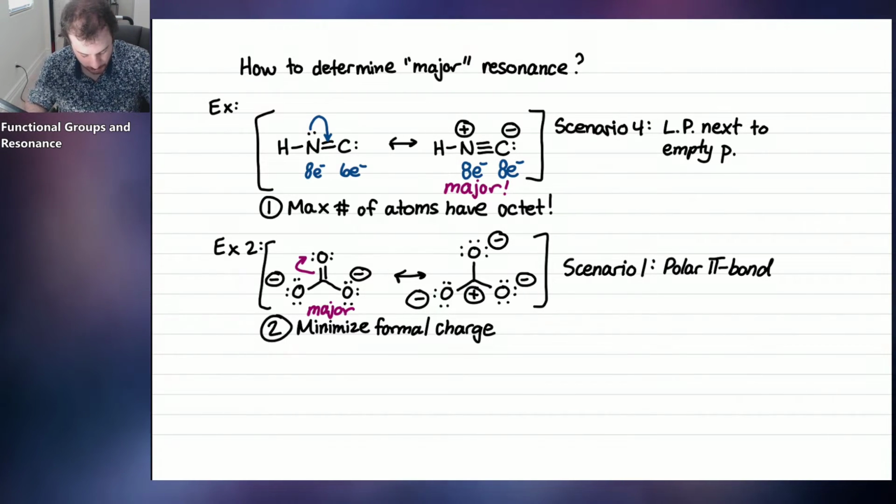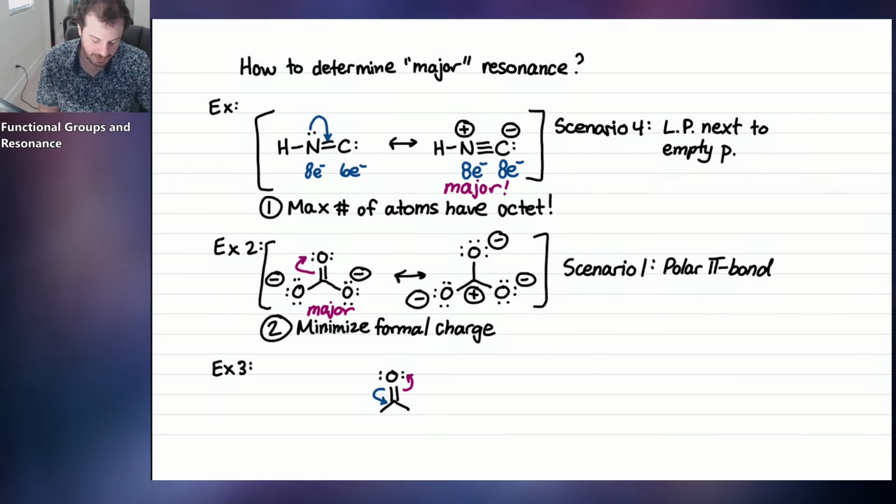Okay, and then the third rule, the least important rule, but sometimes used to break a tie, is the following. So let's say we have this compound here. And we could draw 2 resonance structures. We could draw a resonance structure where we move electrons onto the oxygen. This is polar pi bond. Or we can draw another resonance structure with our polar pi bond where we move electrons onto carbon. And let's see those 2 possibilities.